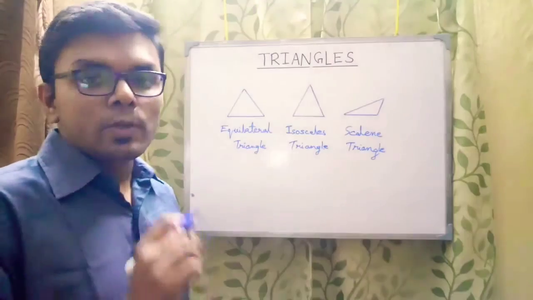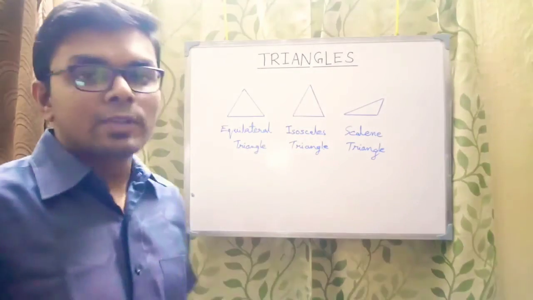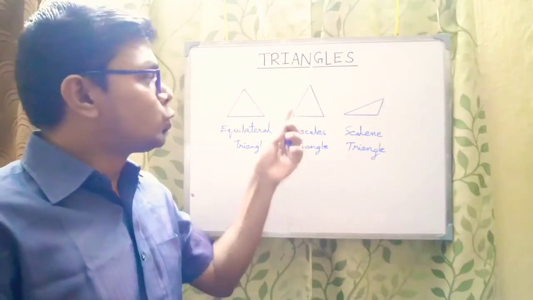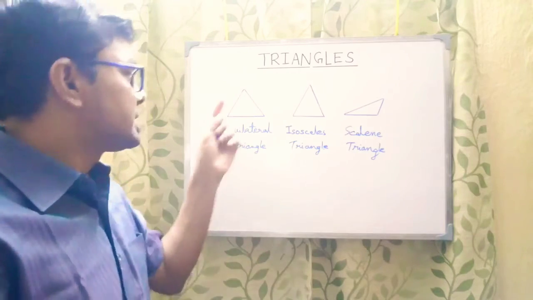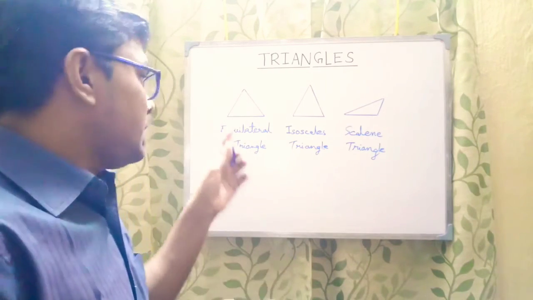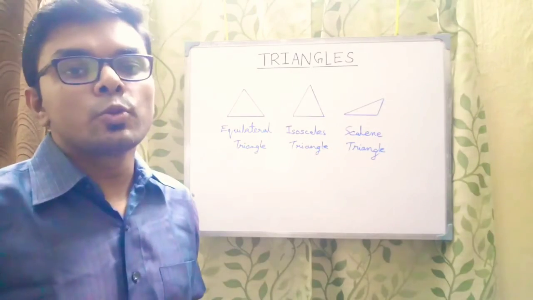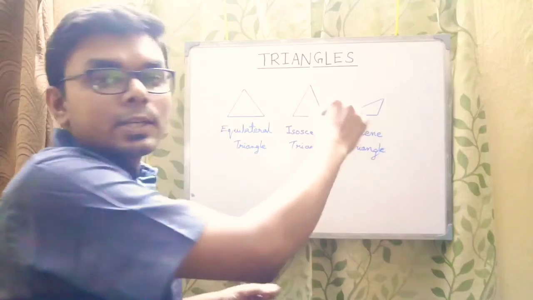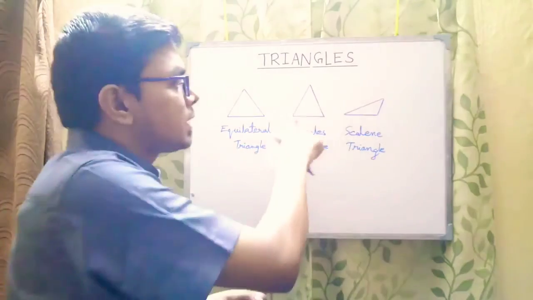Now there is something to be noted about the definition of an isosceles triangle. It is said that in an isosceles triangle, two sides are equal, whereas in an equilateral triangle, all the three sides are equal. Now there is something very important to note down here. In an isosceles triangle, two sides are equal, but nothing is said about the third side.